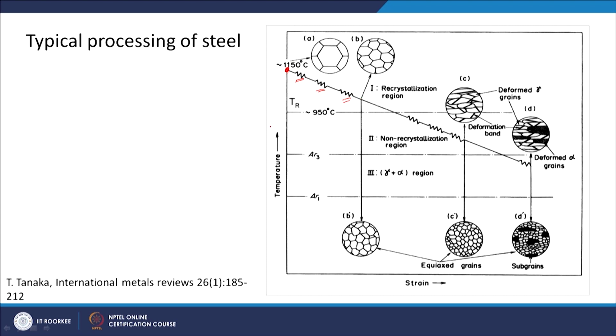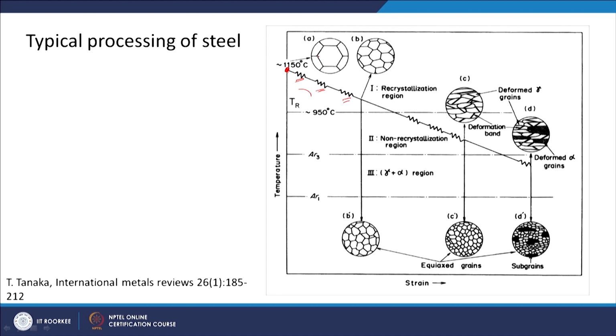Different critical temperatures are also shown here for steel. AR3 is here, AR1 is here, and this is around 950 degrees Celsius above that, which is TR, where recrystallization can happen in the austenite phase. So, the first recrystallization region will be here.